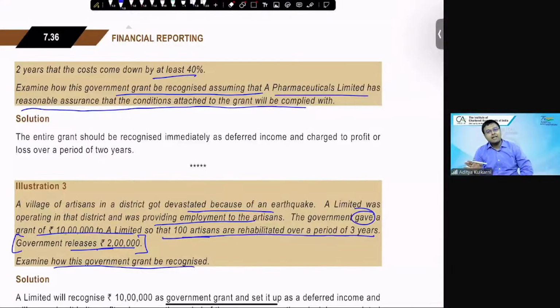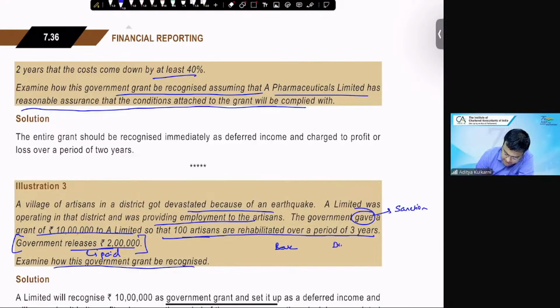Out of 10 lakh, 2 lakh has been paid. 8 lakh is definitely going to be paid by the government, but over a 3-year tenure. So when I say gave, for the purpose of this question, this could mean a sanction. So you are having a sanction for 10 lakhs, out of which government has released. So government has paid.